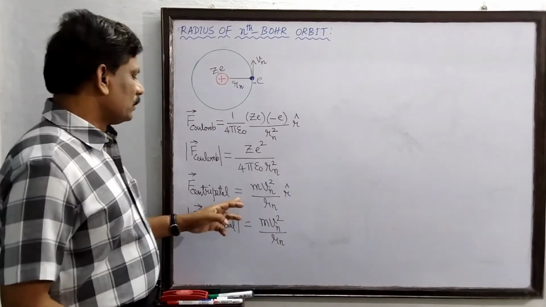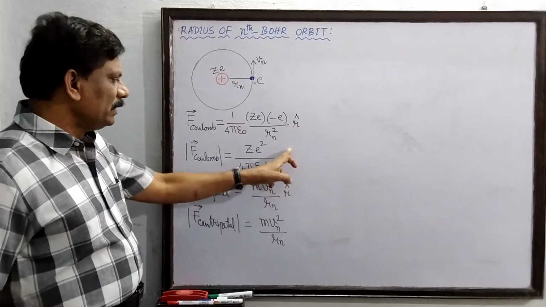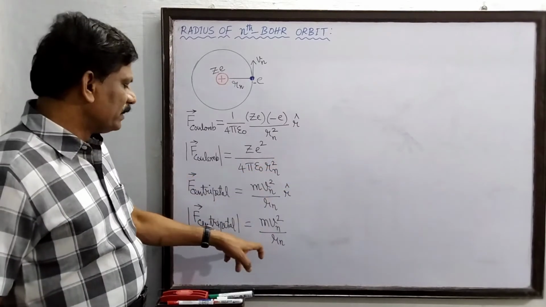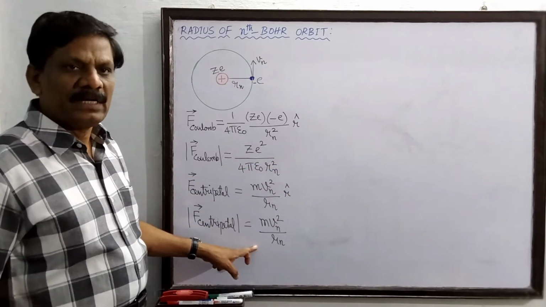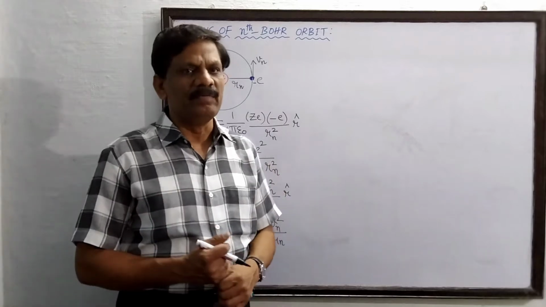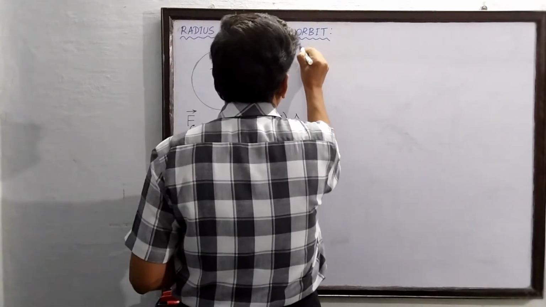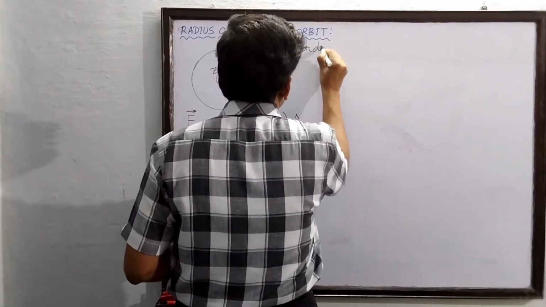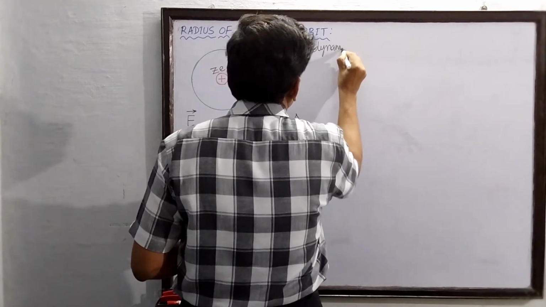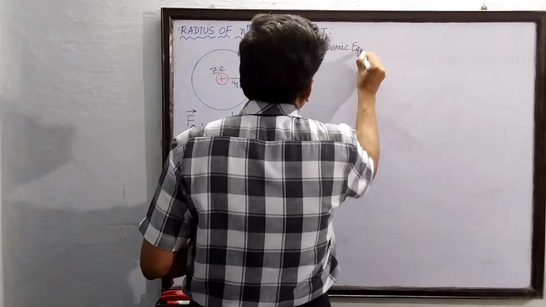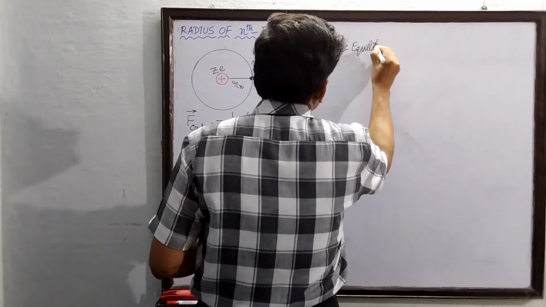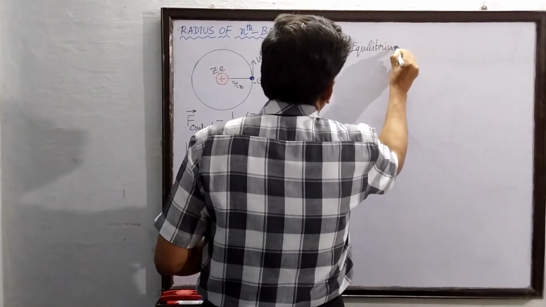Now I am going to equate the Coulomb force with the centripetal force because the electron is in dynamic equilibrium. For dynamic equilibrium, these two forces are equal.